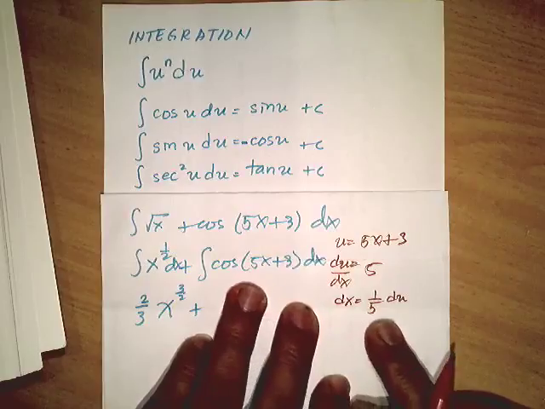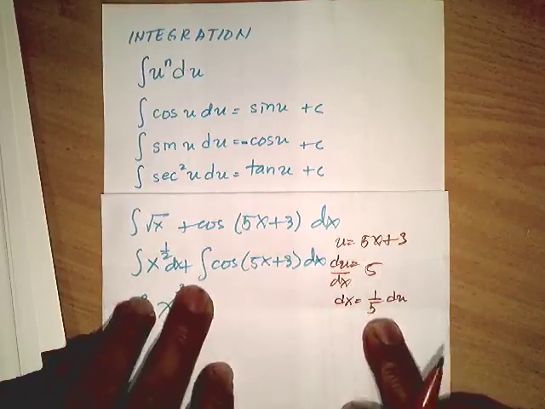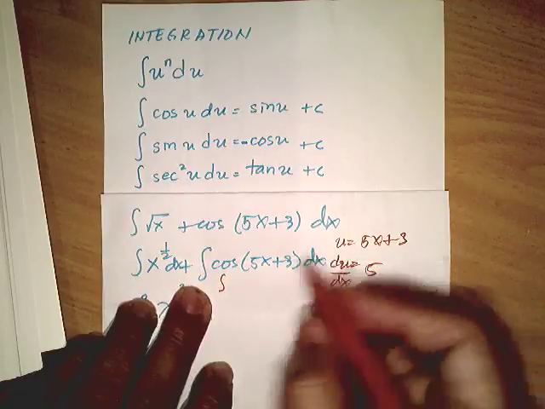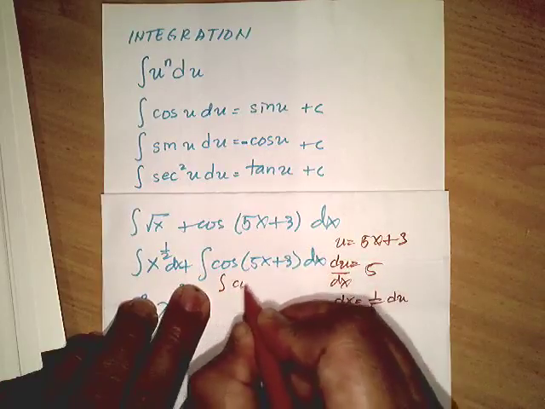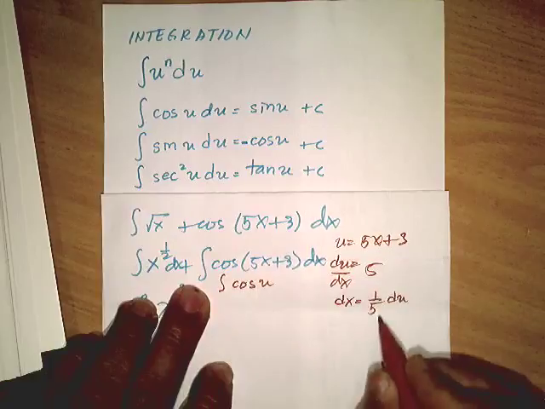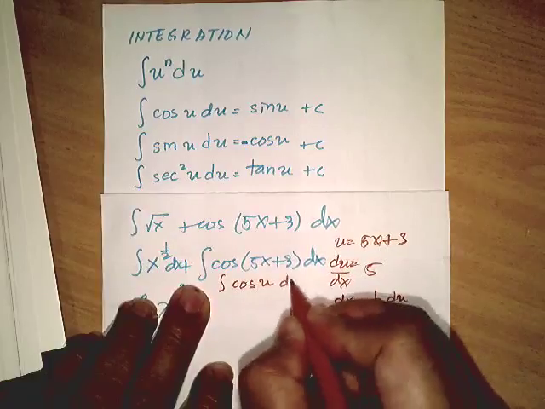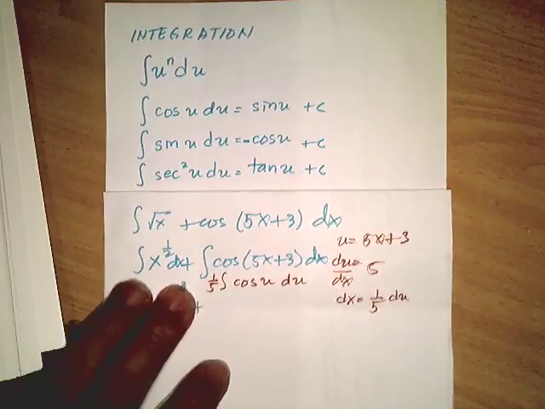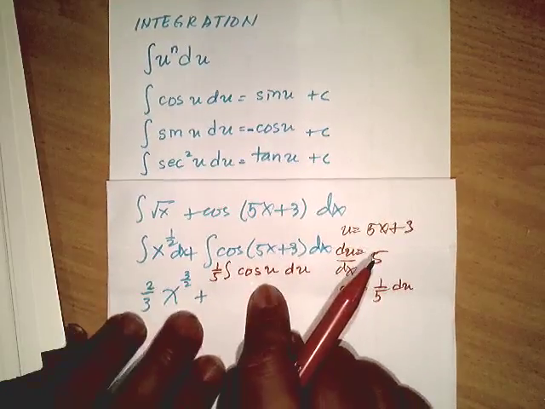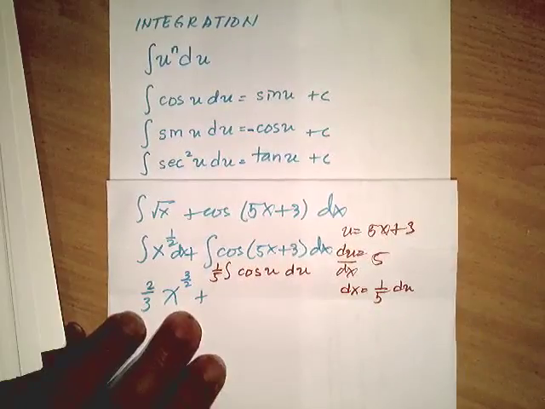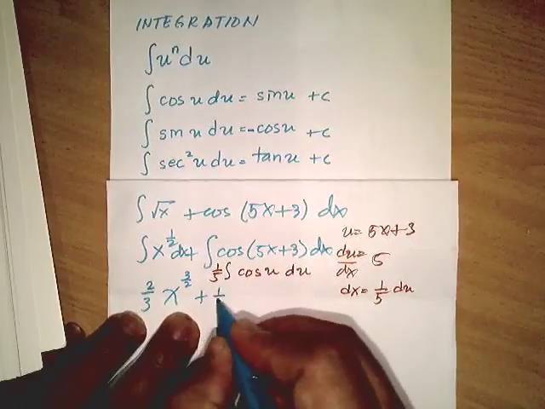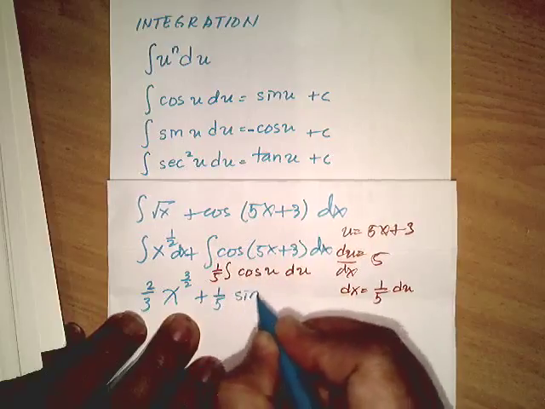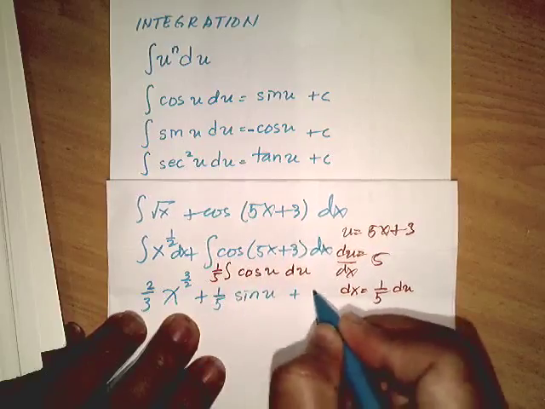If your dx is 1/5 du, this question becomes, I will write it using this brown pen, cosine of u, and your dx is 1/5 du. What's the integral of that? The integral of that is 1/5, and the integral of cosine is sine, so sine u, then plus c.